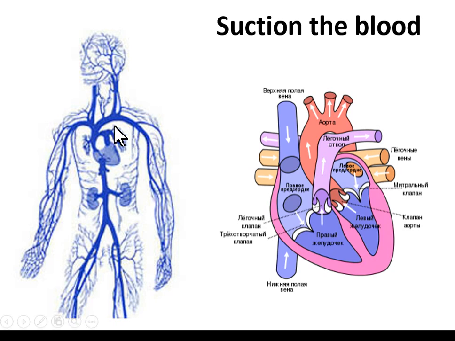There are large veins, the superior vena cava and inferior vena cava. These veins collect the venous blood from the whole human body and they flow into the right atrium: the superior vena cava from the upper side, and the inferior vena cava.